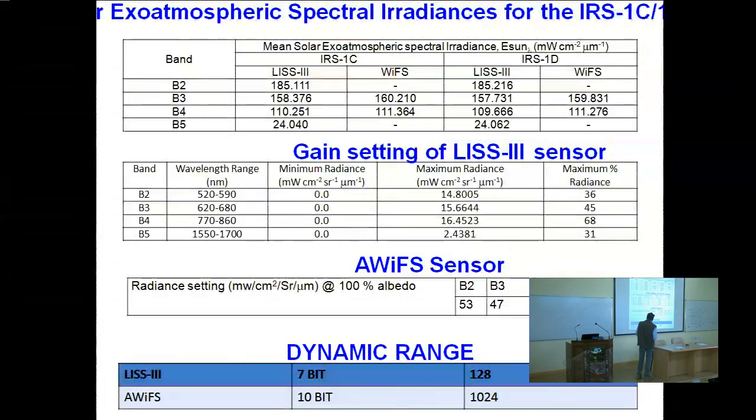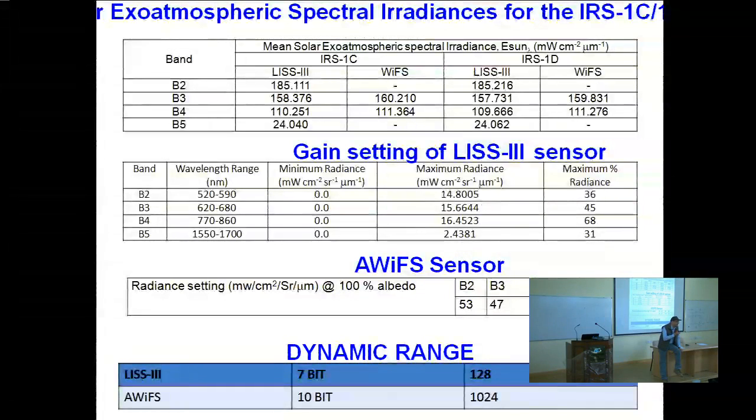But this is at 36% of radiation. What it means is, whatever incoming solar radiation, your sensor gets saturated at 36% of that incoming radiation.